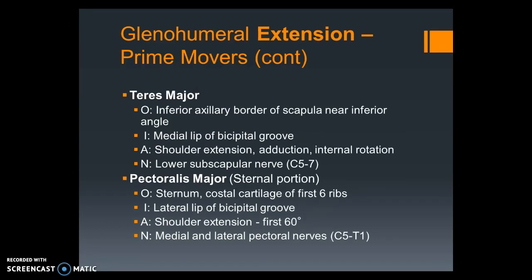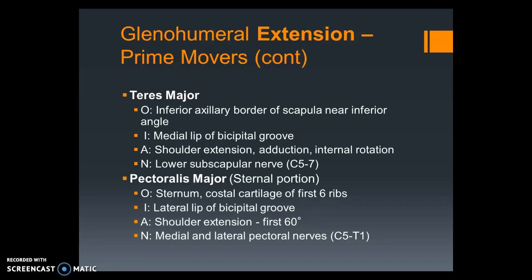And continuation of shoulder or glenohumeral extension is the teres major, which originates on the inferior axillary border of the scapula near the inferior angle. It inserts on the medial lip of the bicipital groove. Its action is shoulder extension, adduction, internal rotation, and it is innervated by the lower subscapular nerve.